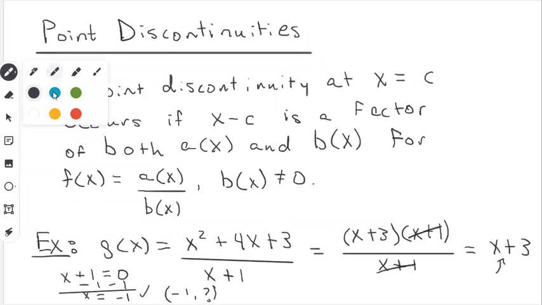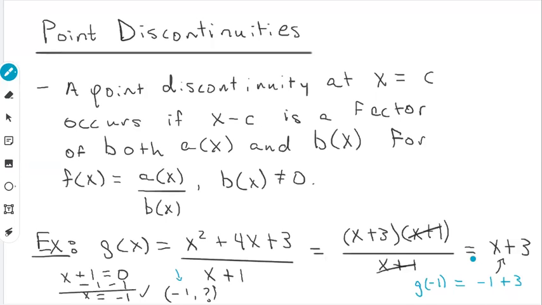So let me change my color to blue. What I'm going to do is g of -1. Why am I doing that? It's because I know that my x coordinate is going to be this -1 right here. If I figure out what g of -1 is, I'm going to find out what the y coordinate is. All I'm doing is taking this x plus 3 and replacing the x with a -1.